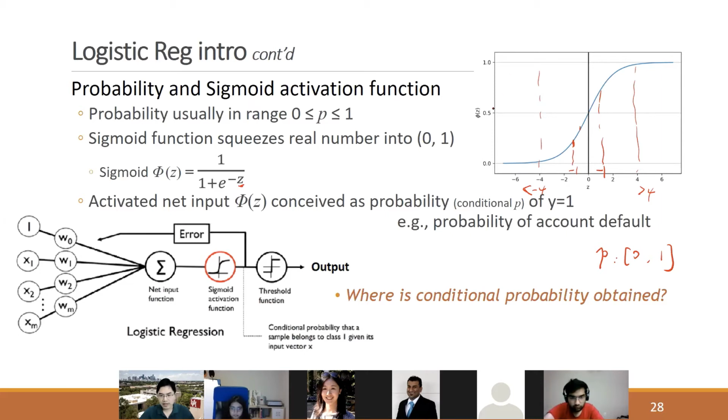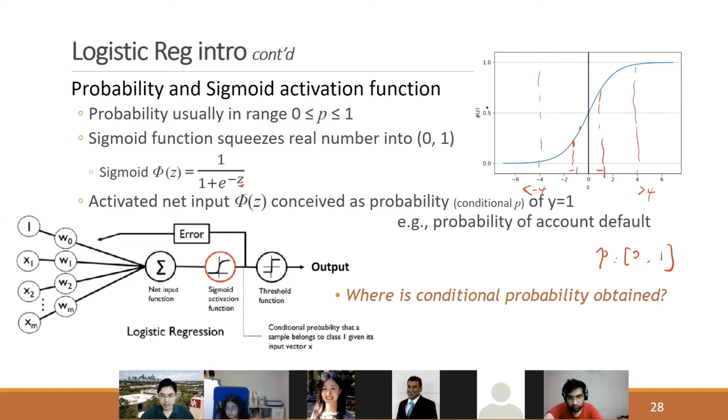So the activated value is somehow very intuitive to understand, and it's consistent with the notion of probability. Although in the real number sense, the model doesn't know that this is like probability. The model simply squeezes the values between 0 and 1. The model doesn't care.